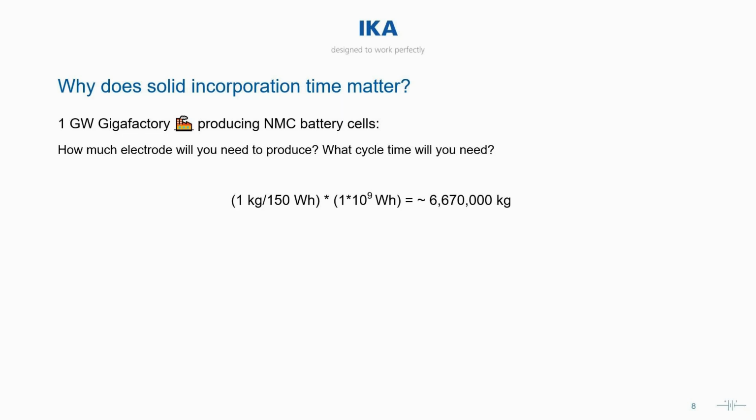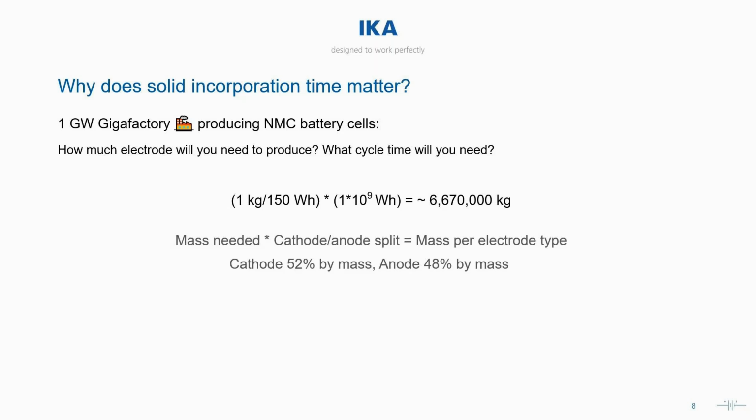Now we need to look at how much of that is actually coming from the cathode and how much is coming from the anode. This is going to vary depending on your N to P ratio. However, for the sake of this exercise, we're going to assume that we need 52% cathode by mass and 48% anode by mass.